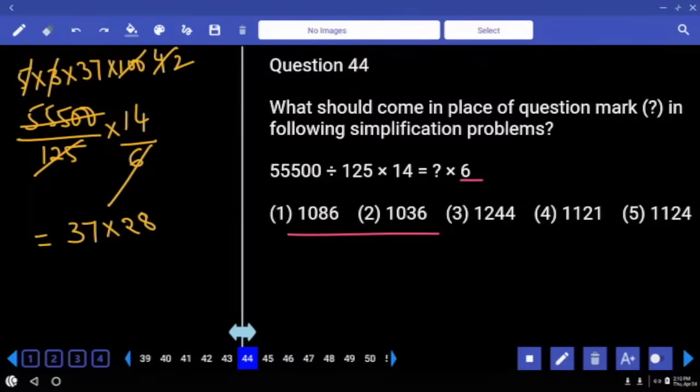So we just need to decide whether the answer is a 3 multiple or not. Otherwise you calculate what is 37 times 28 and identify the answer. I don't have that much patience, if you have, do it. So for me, I just verify whether the answer is a 3 multiple or not. Is 37 a 3 multiple? 28 a 3 multiple? Can the answer be a 3 multiple? Eliminated the first option, the second is final.